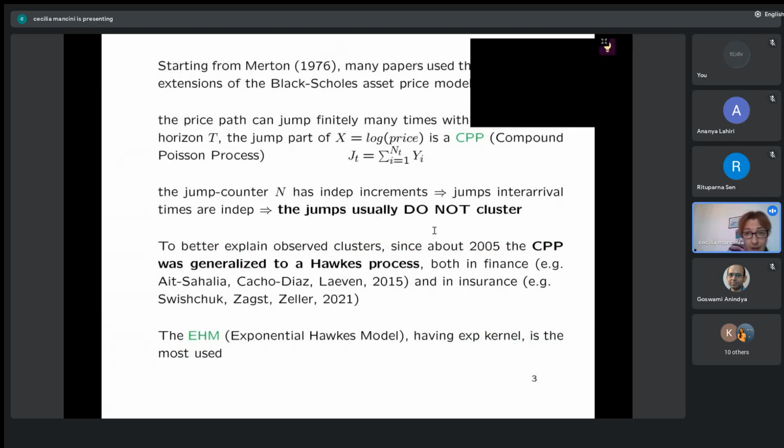So let us see how in the literature asset pricing models with jumps have been considered.